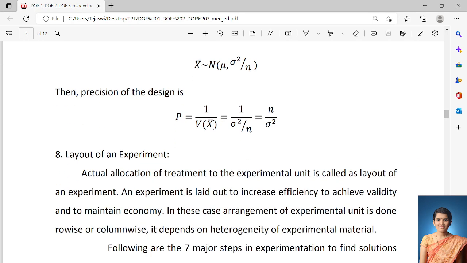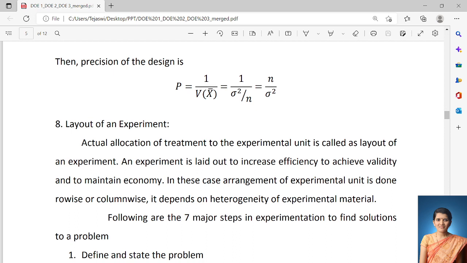The next terminology is the layout of an experiment. The actual allocation of treatments to the experimental units is called the layout of the experiment. It is also called the frame of the design. The experiment is laid out to increase efficiency, to achieve validity and to maintain economy.